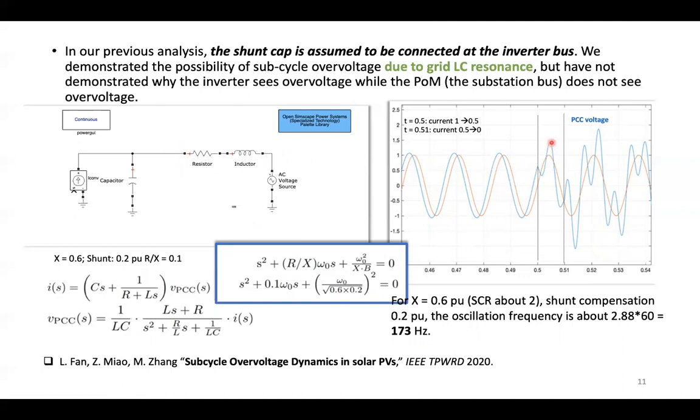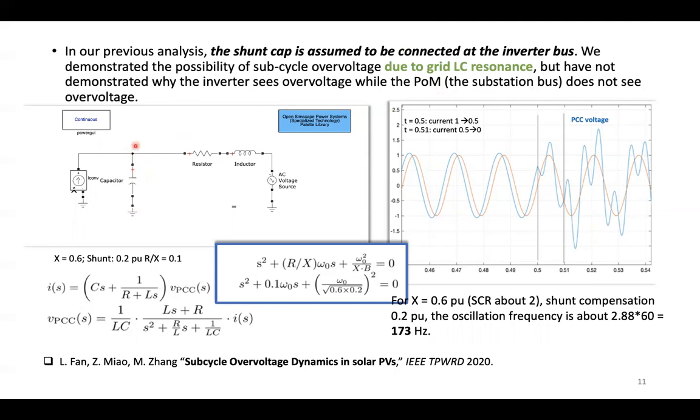Okay. Now the question is that we assumed the shunt compensation is put directly at the PV. But in reality, it is not, because from the PV, the PCC bus, to the POM, the substation, there's a transformer. So this topology cannot explain why the inverter voltage is greater than the POM voltage, because this is the POM, and this is the inverter.